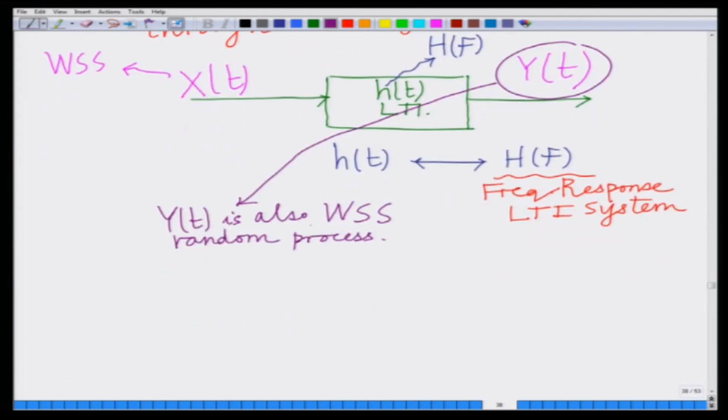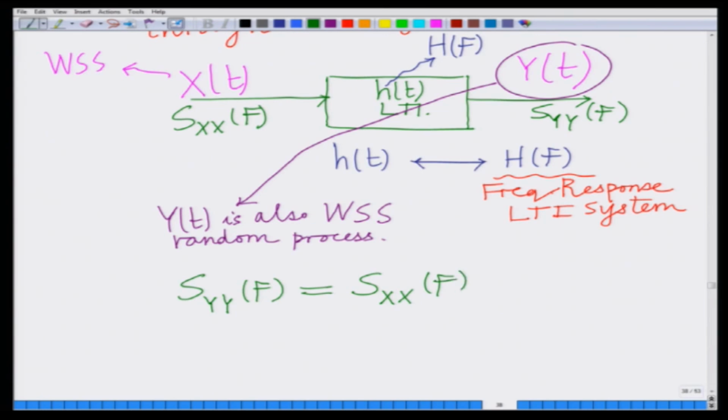Further, we had a very interesting relation for the power spectral density. That is, if the input power spectral density is Sxx(f) and the output power spectral density of Y is Syy(f), then Syy(f) equals Sxx(f) times the magnitude of H(f) squared.